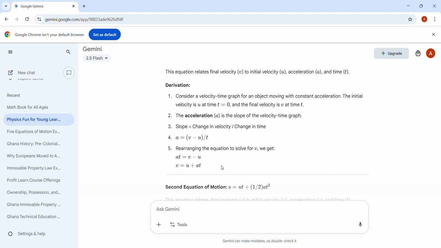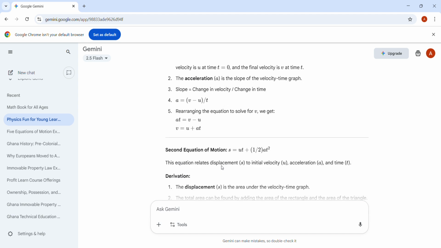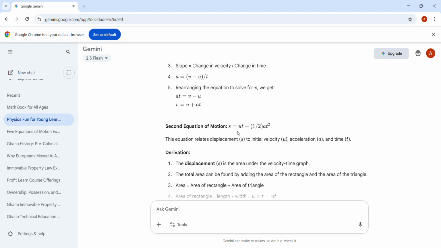So we go. Now let's look at the second equation. That's s equals ut plus half at squared, okay. Now this acceleration, if it is something under gravity, then the acceleration a becomes g, and because it is always pointing downwards, it will become negative g, right?